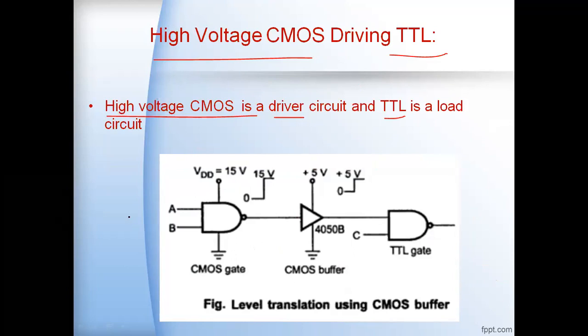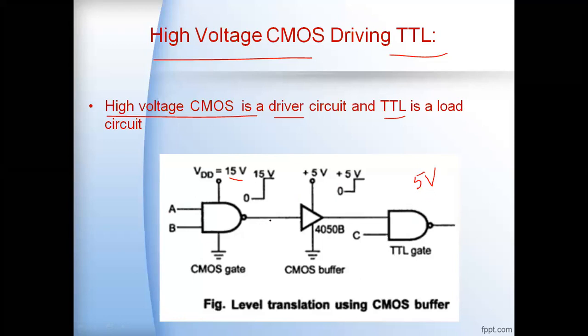Now the difficulty for these higher voltages is that the CMOS gates are operating at 15 volts and the TTL gates are operating at 5 volts. So obviously there will be a difference in the voltage logic levels here. For 15 volts of power supply, the voltage levels are different. For 5 volts of the TTL gate, the voltage levels are different.